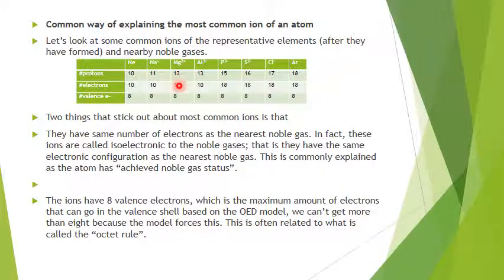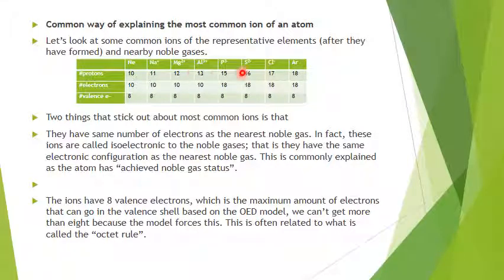Elements in the second column lose 2 electrons, so magnesium has 12 protons, 10 electrons. Aluminum, which I told you has a 3 plus charge, has 13 protons and 10 electrons. So if you notice, sodium, magnesium, and aluminum, when they're ions, all have the same number of electrons.